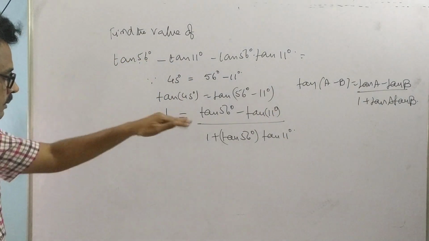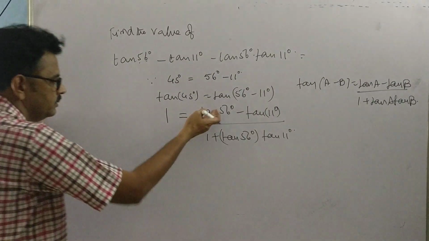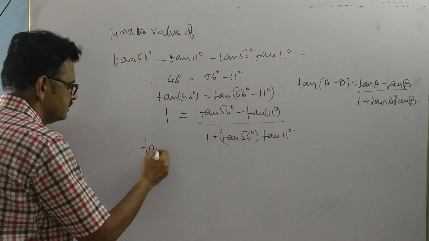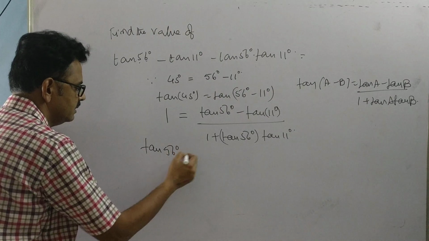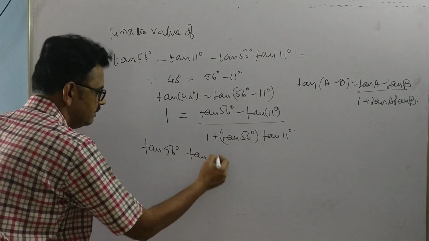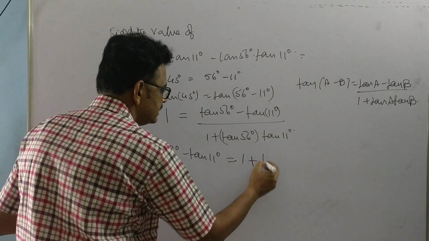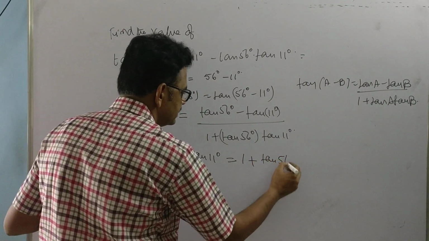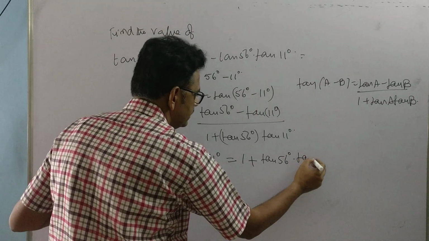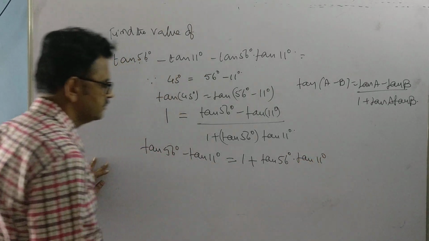So by cross multiplication, tan 56 degrees minus tan 11 degrees is equal to 1 plus tan 56 degrees into tan 11 degrees.